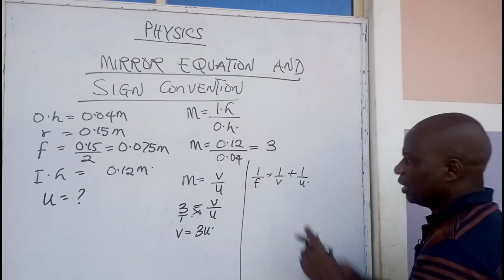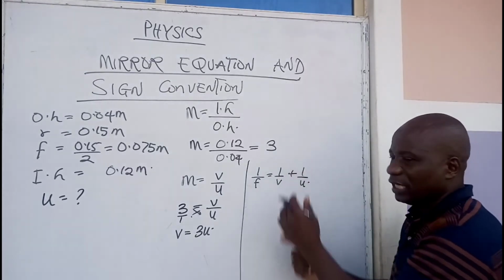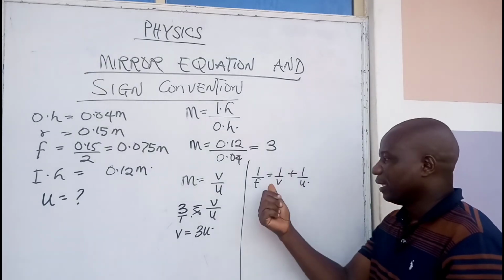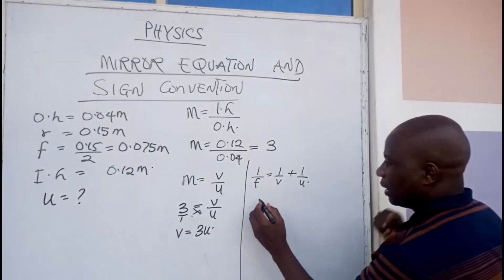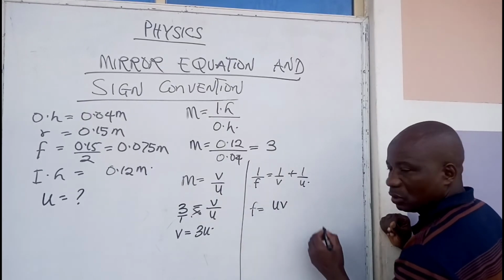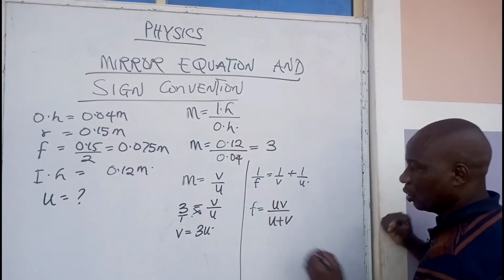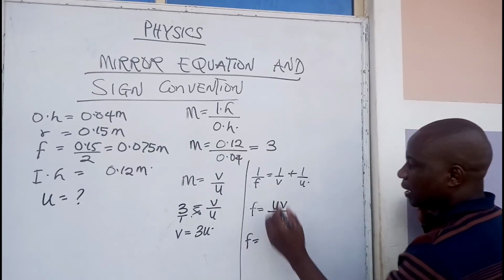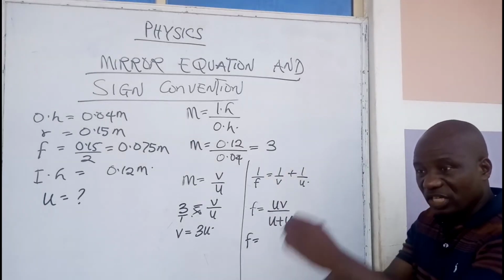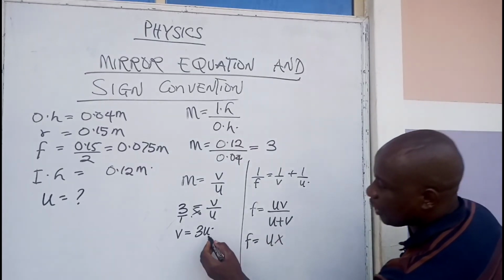Now, the fastest way of computing this, there is another formula you can use to get your F without finding the reciprocal of F. F is equal to the product UV all over the sum. So what is my product? I have U times, what is my V? My V is 3U.